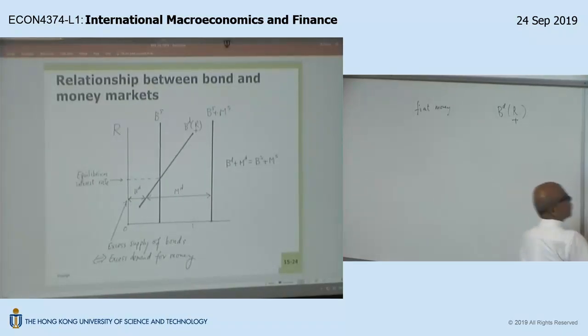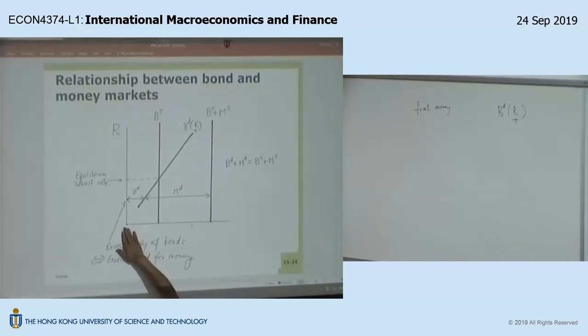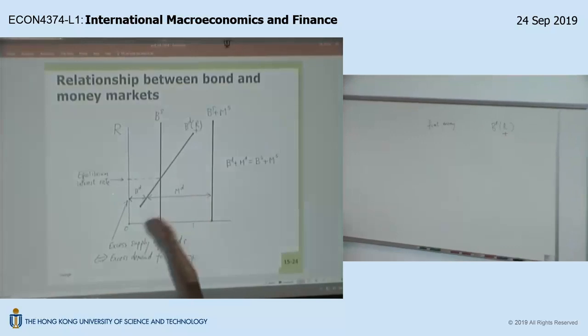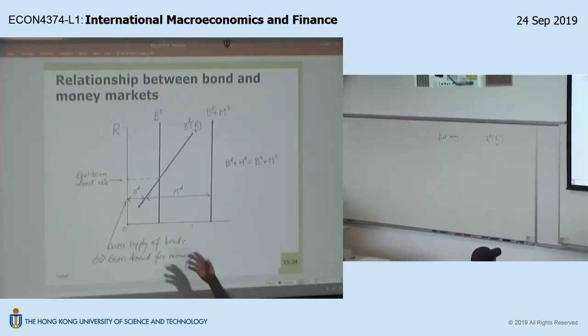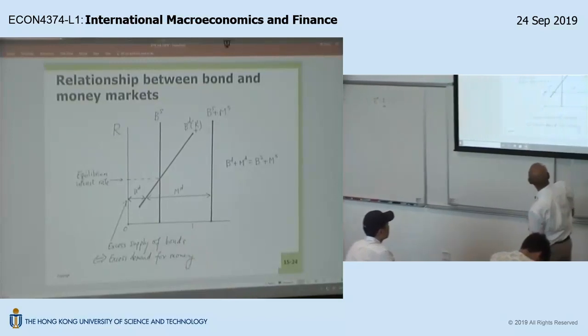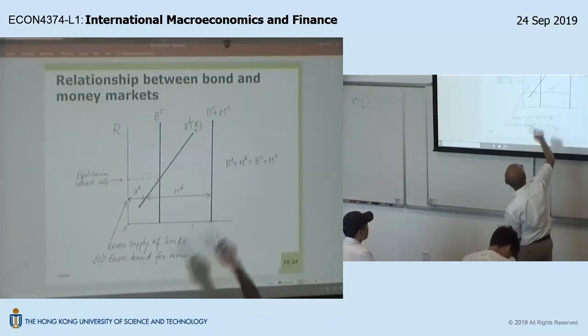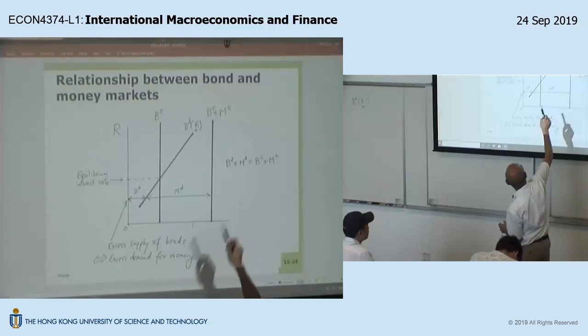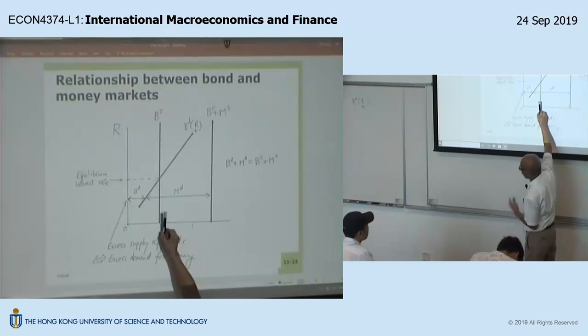So in this diagram, this is the origin, and this upward sloping curve is the demand for bonds. The vertical axis is the interest rate. Where the interest rate is higher, people want to hold more bonds, right? The supply of bonds we assume to be exogenously given, so that's this vertical line.